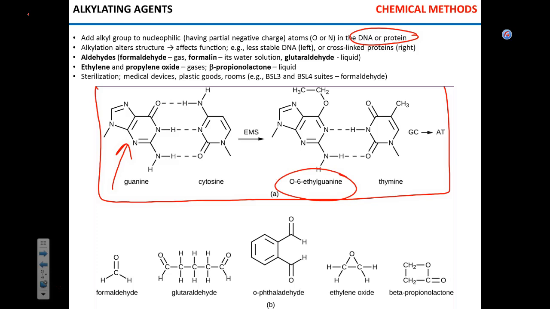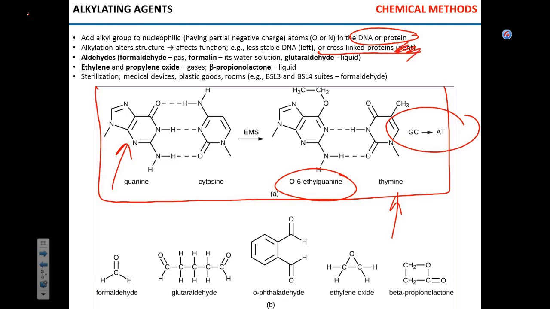It turns out that ethylguanine, instead of forming a pair with cytosine, will form a pair with thymine. So essentially, you have a replacement of a GC pair with eventually an AT pair.